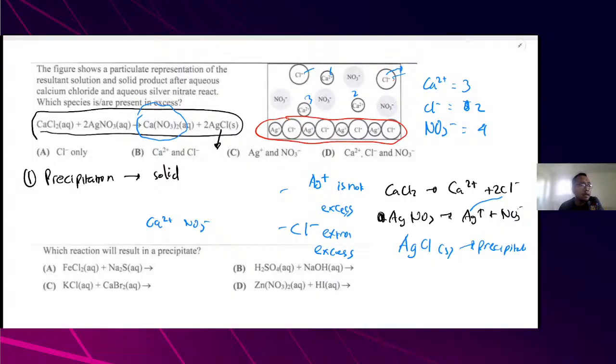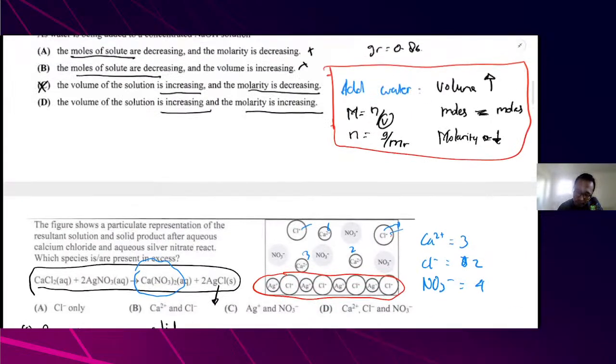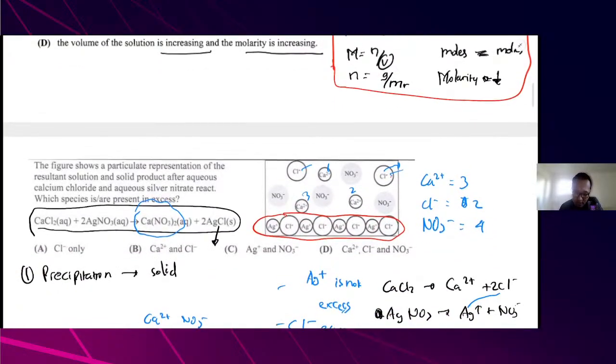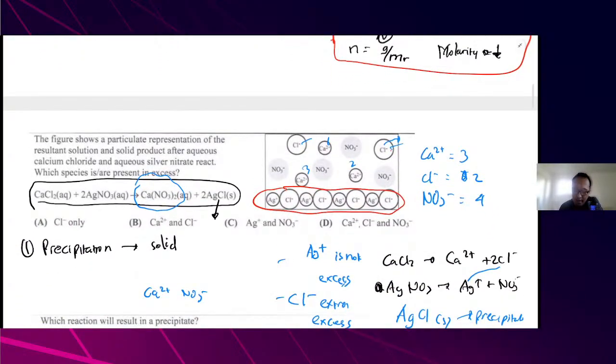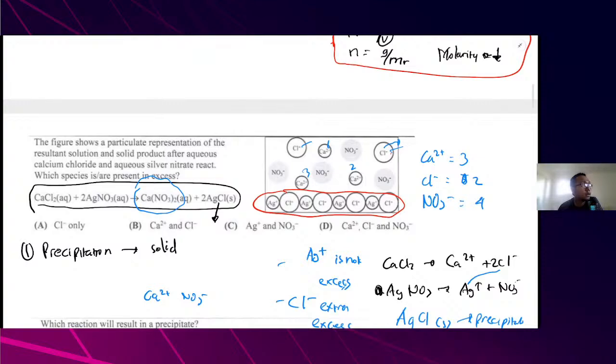Let's take a look at the answer. The answer will be only Cl minus. So what's the previous answer? The previous answer is C. And now, let me take a look at this question first.